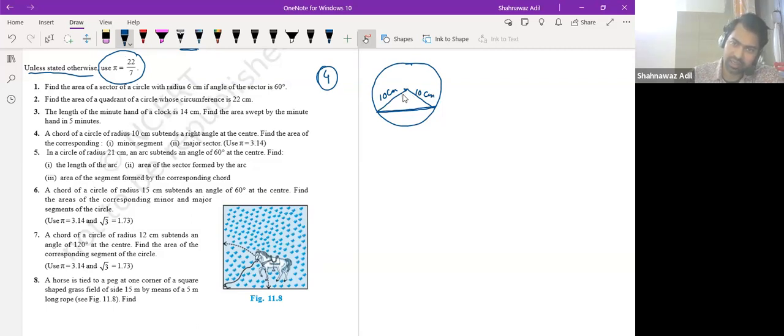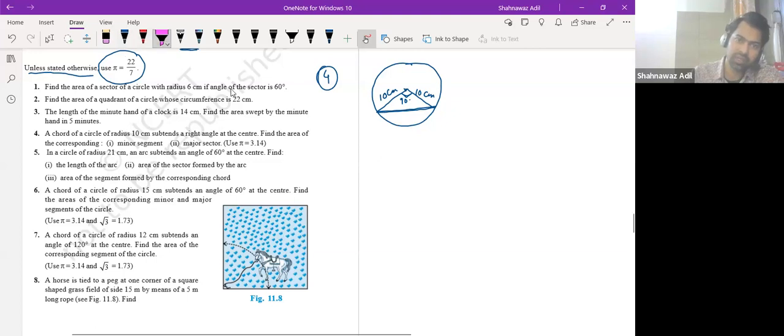So this angle is 90 degrees. Then find the area of the corresponding minor segment and major sector, right?